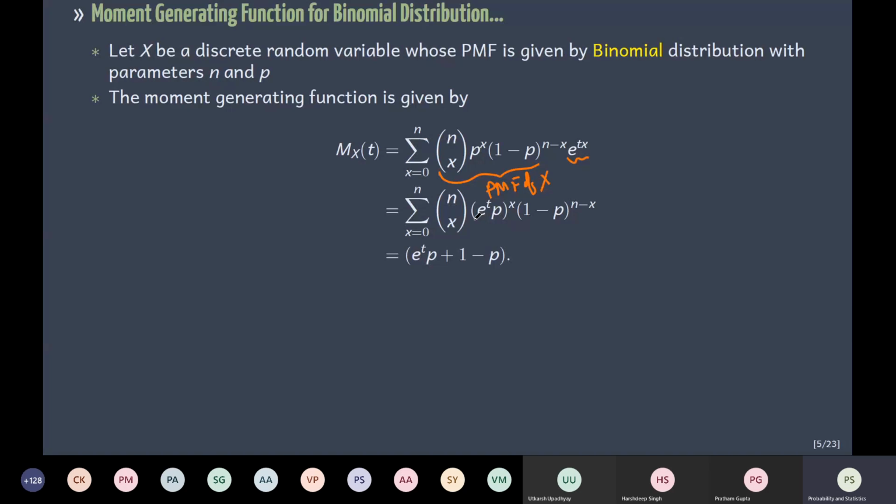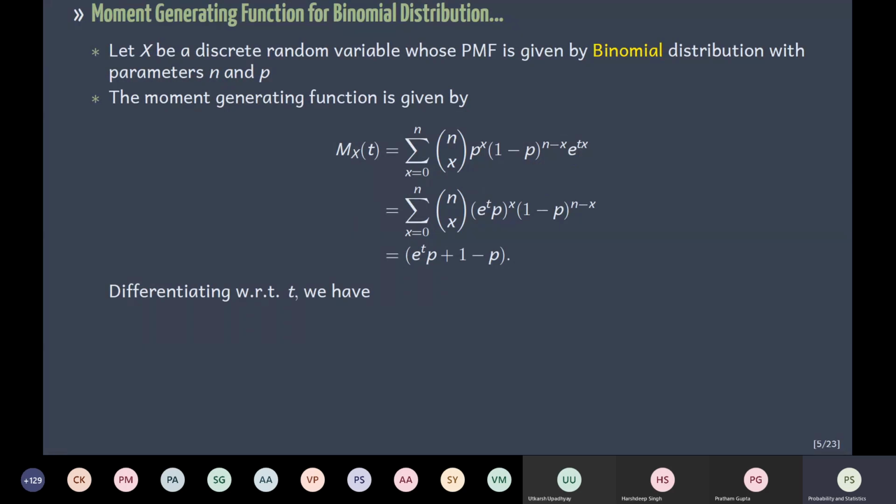If we simplify these things, we get a moment generating function like this. The idea here is that with this moment generating function, I can generate higher order moments.